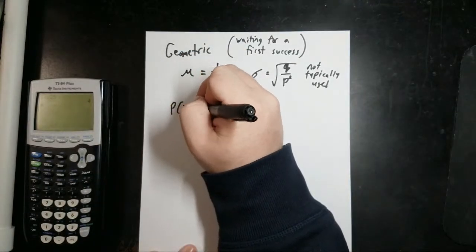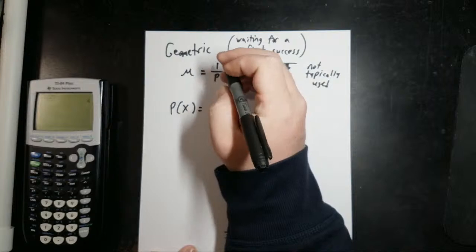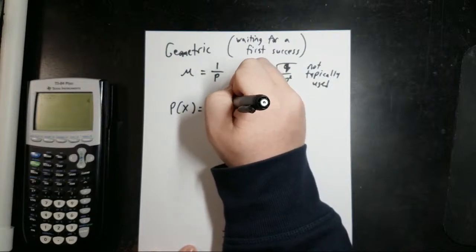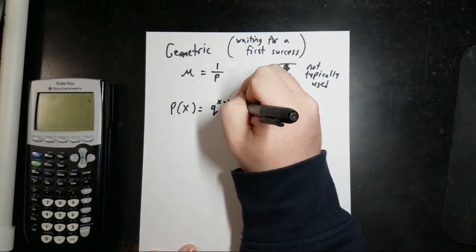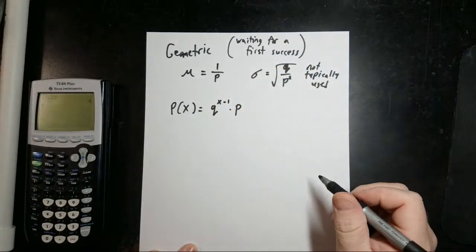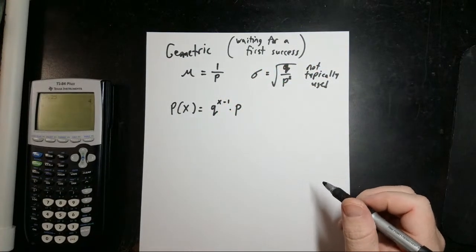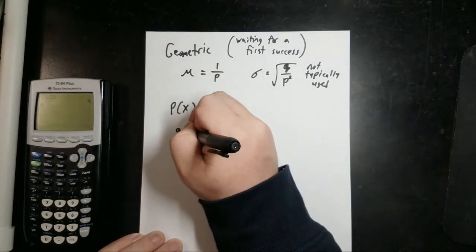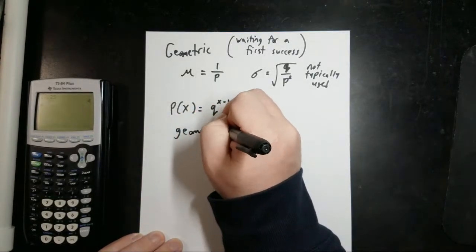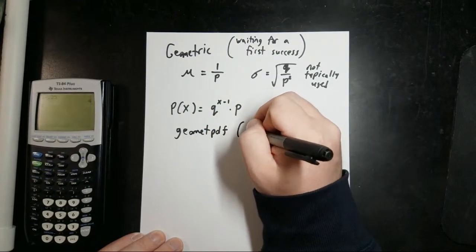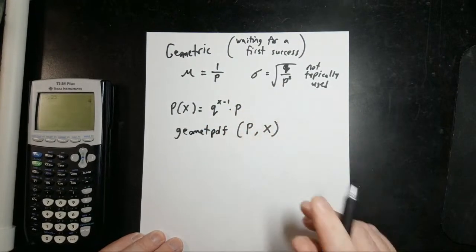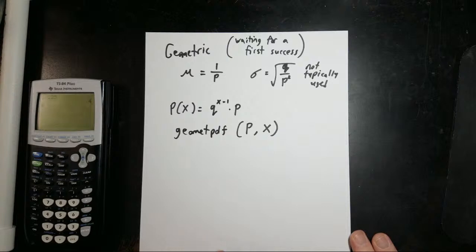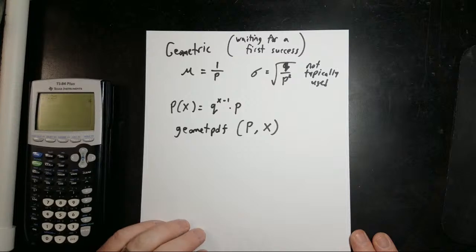The probability model is written out like this: q, which is the probability of failure, to the x minus 1 power times p. That would give you the approximate probability. But of course, we use geometpdf or geometcdf, where you type in the probability of success, comma, the trial that you're trying to get the success on.